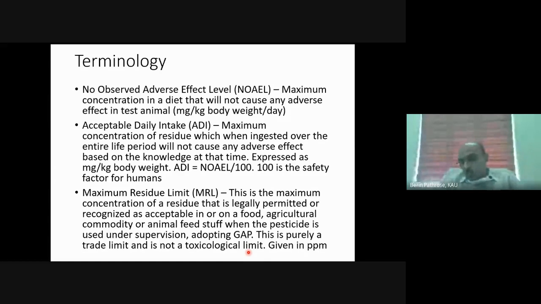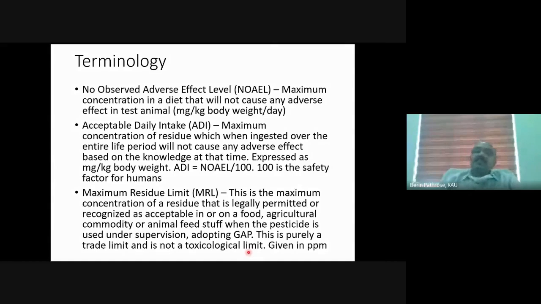From the sixth animal onwards, we had some adverse effect. So we take the dose which was given to the fifth animal. That was the maximum dose among these five animals. That maximum concentration which we have provided in a diet to that animal, which has not caused any adverse effect, is called the no observed adverse effect level.